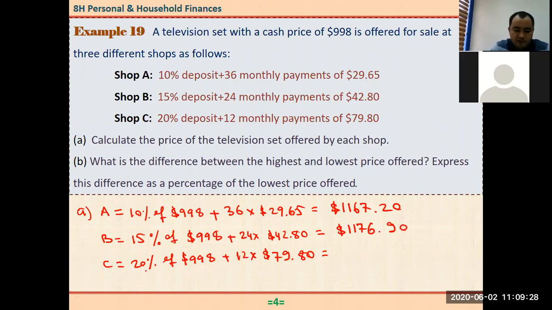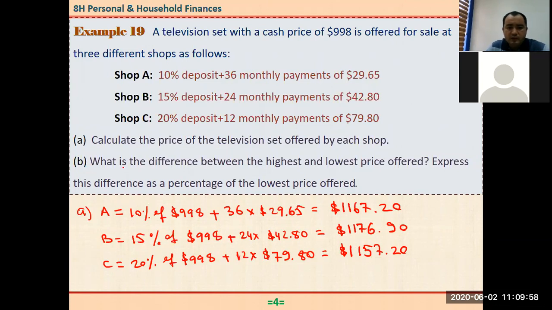The third one, 0.2 times 998 plus 12 times $79.80, which is equal to $1157.20, right? That's all. So shop A, the price is this, second one, third one.